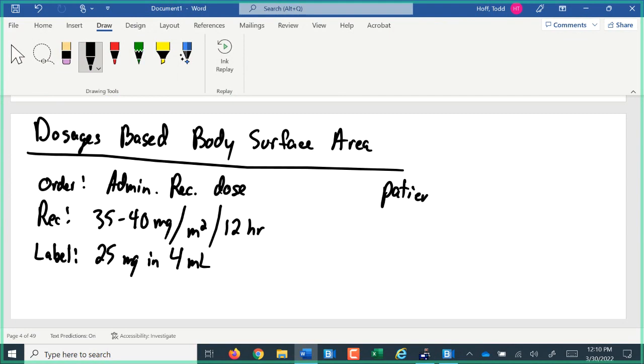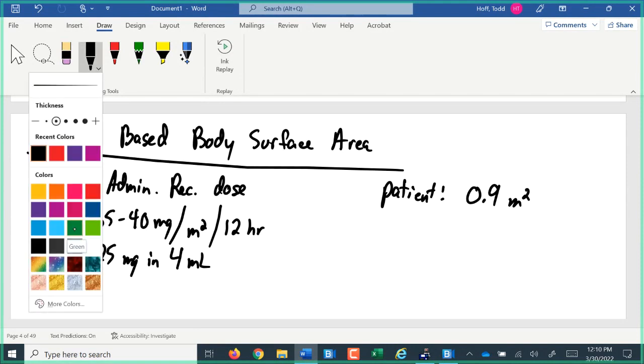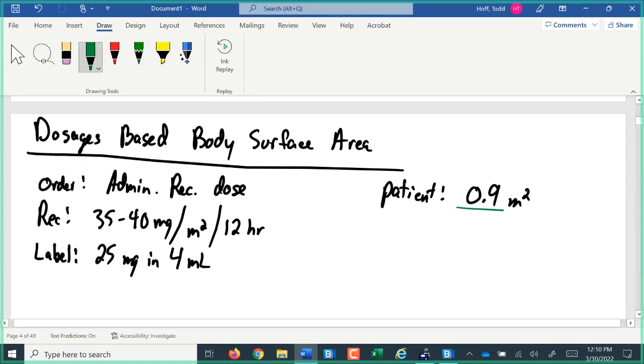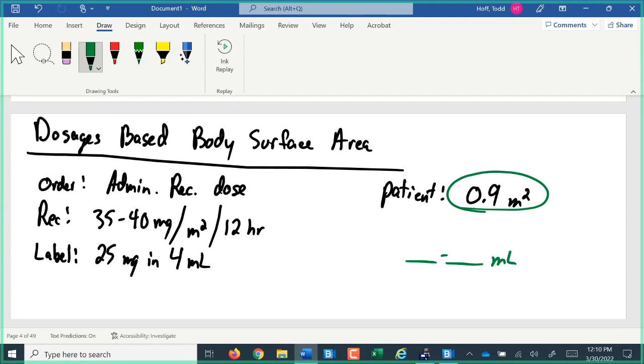And just like with dosages based on weight, we have to know something about our patient. We don't need to know the patient's weight, we need to know the body surface area. Let's say this patient is a smaller patient, has a body surface area of 0.9 meters squared. And of course we want a range of milliliters to administer to the patient.